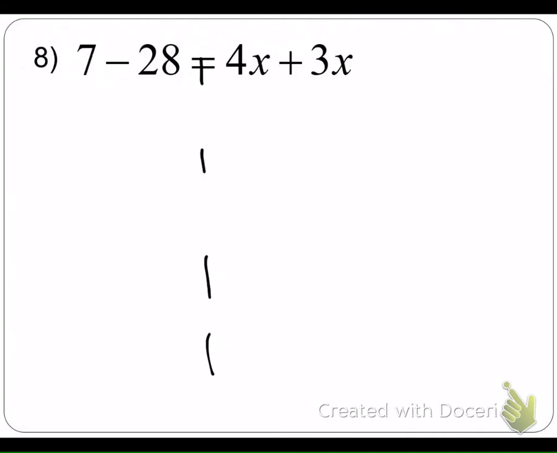All right, anything jumping out at you? Yeah, so we have some variables together. So what can I do with 4x plus 3x? Make it a 7x. Good. You can just add them. What's going on over here, though?